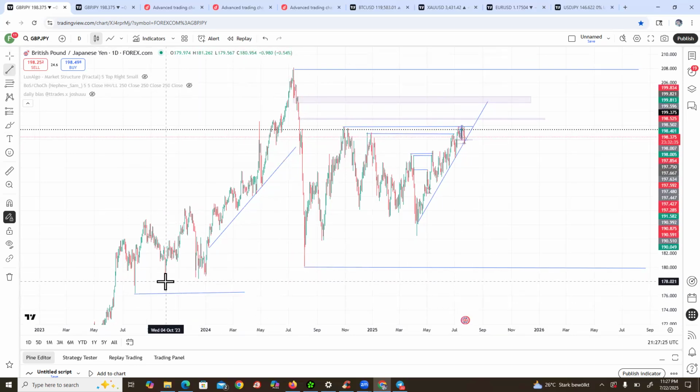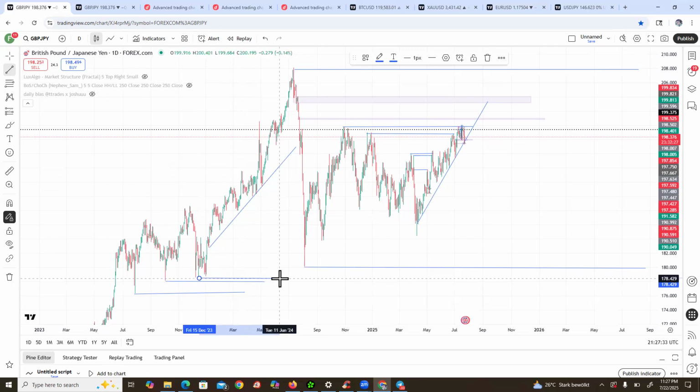Then this one here too wasn't broken by the last one. So this one too wasn't broken by the last one. So this will tell you that this is an uptrend.